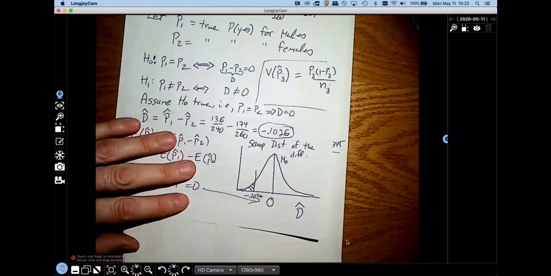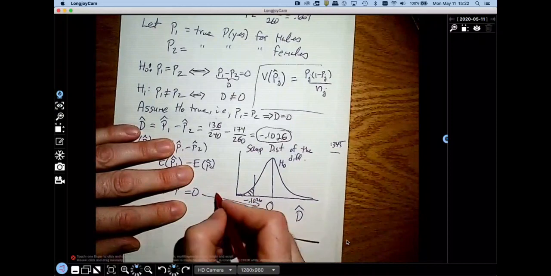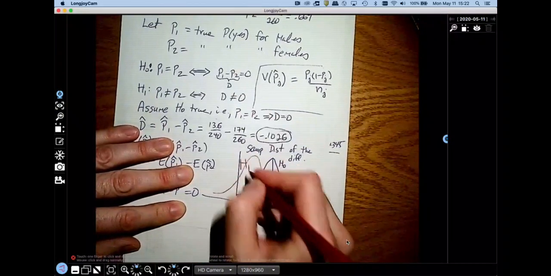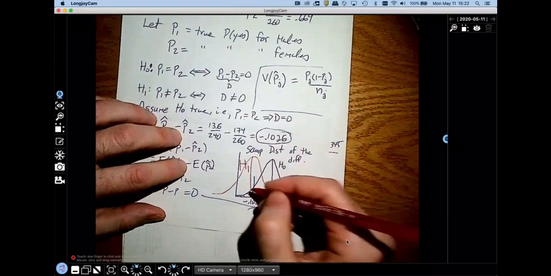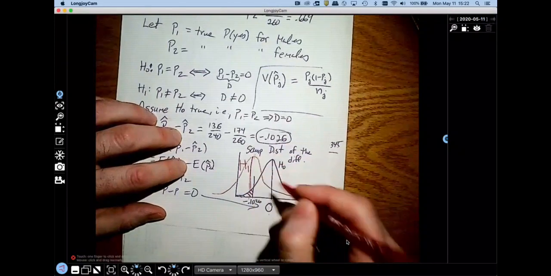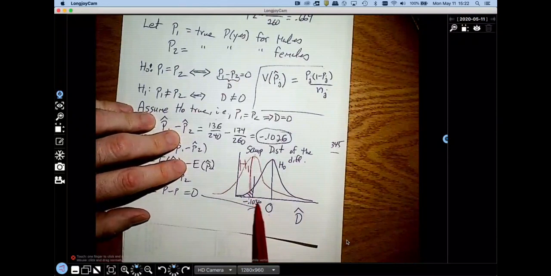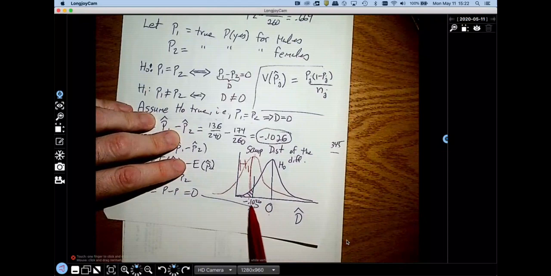Instead, I would assume that the difference really comes from a different distribution. This would be the distribution under the alternative hypothesis, that the mean is something else. I don't mean it to be minus 0.1026, but the proportions are not the same, and therefore the difference is not 0.